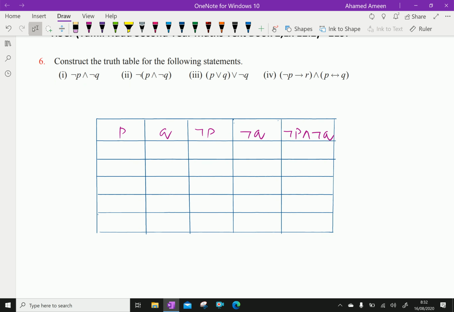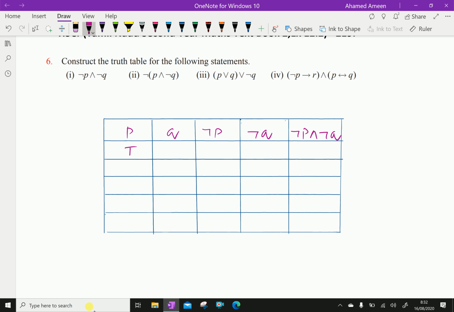Let us fill. For P: true, true, false, false. For Q, you can write true, false, true, false.